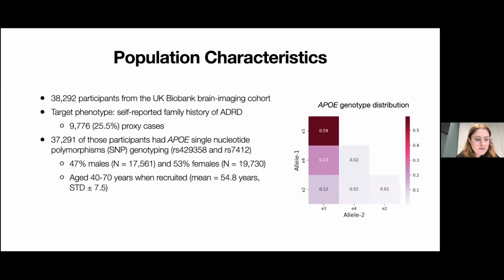So as a target phenotype, we use self-reported family history of Alzheimer's disease as a single but accurately measurable estimate of Alzheimer's disease risk. So genome-wide association studies have revealed that when dealing with late onset diseases, such as Alzheimer's disease and related dementia, using proxy cases, that is, the relatives of affected individuals, could allow for a more complete characterization of disease risk amongst individuals before the onset of clinical symptoms.